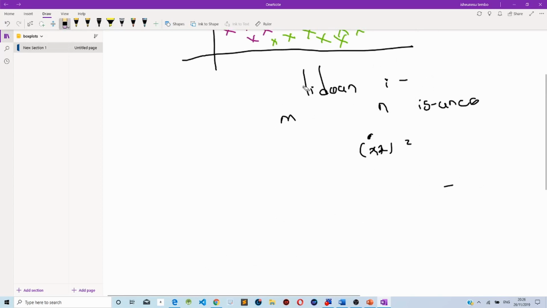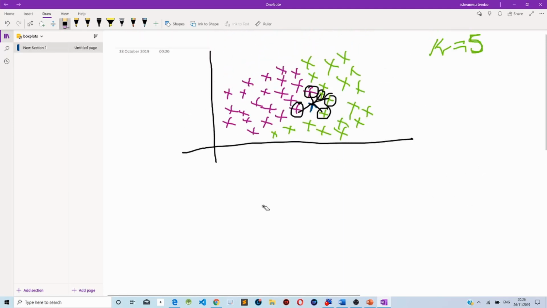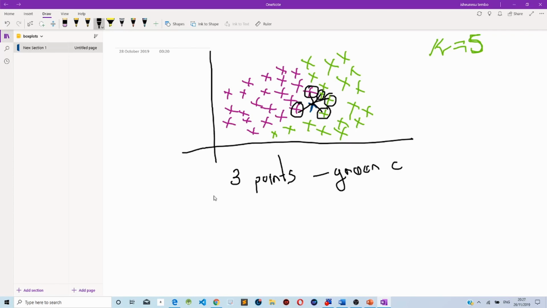So let's get back to our k nearest neighbor algorithm. As we can see, we have 3 points which belong to the green class and 2 points which belong to the purple class.